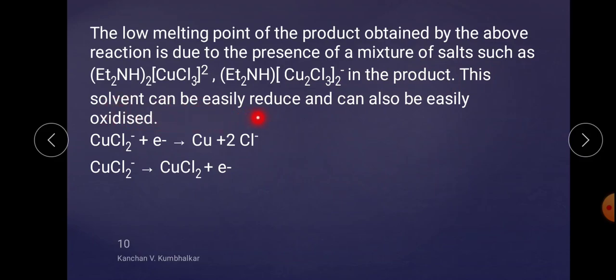This solvent can be easily reduced and can also be easily oxidized. So with CuCl-, there is an acceptance of electron, which is known as reduction, and there is a loss of electron, which is known as oxidation. So by a simple method the reduction and oxidation can be done by using this solvent.